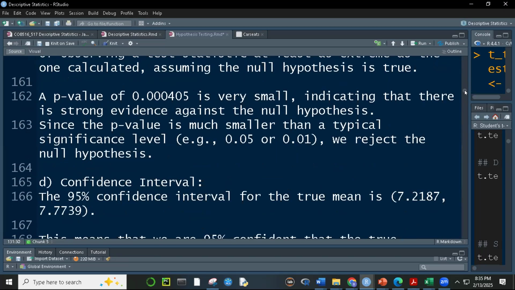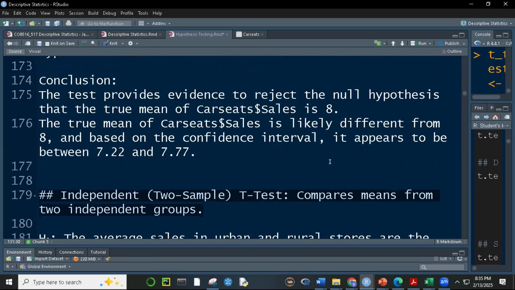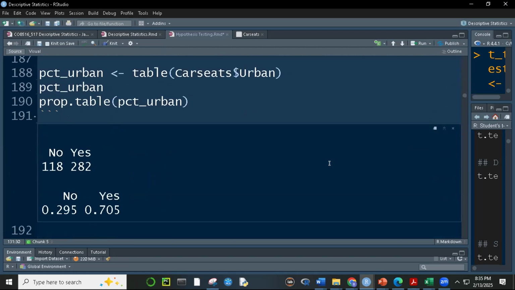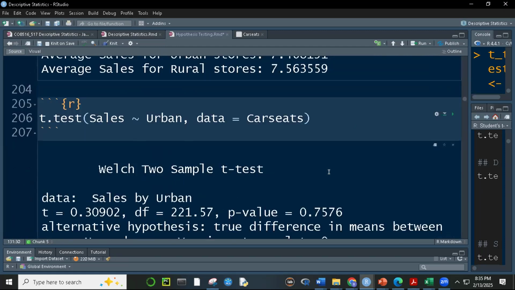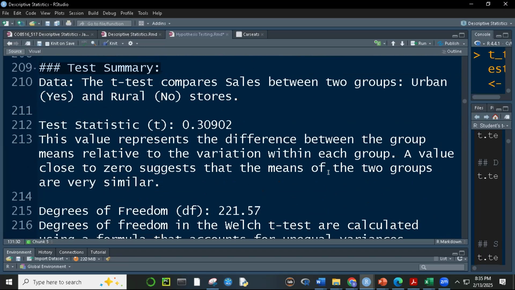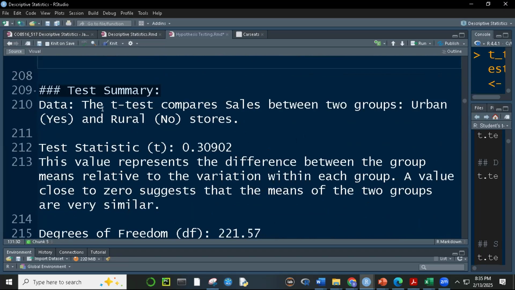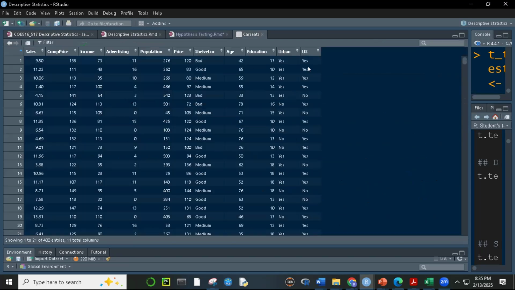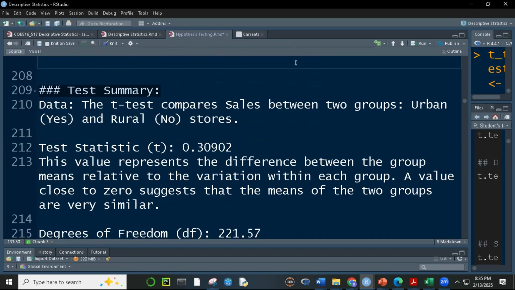All right. So taking a look at the results of this independent t-test, once again, I provided you with the summary of the analysis. Test summary: the t-test compares sales between two groups: urban, which is yes here in Carseats, and rural, which is no. The t-stat is 0.3031.